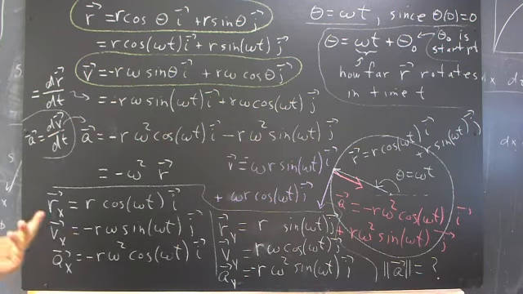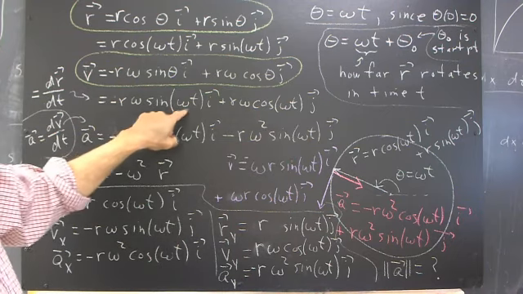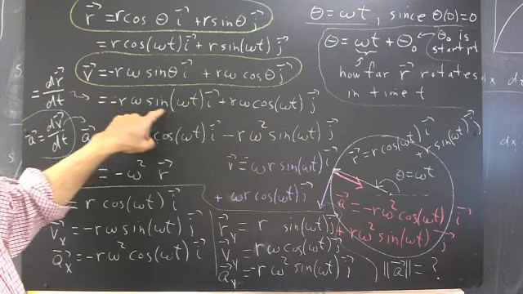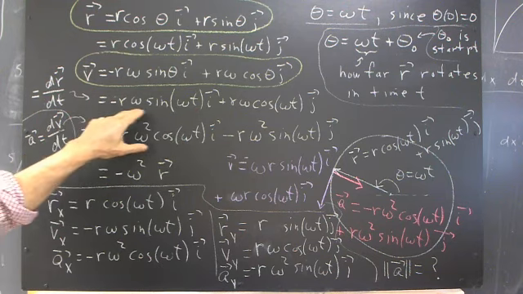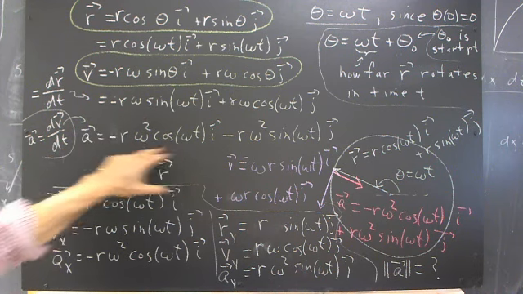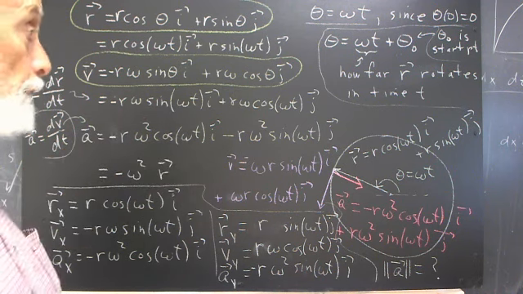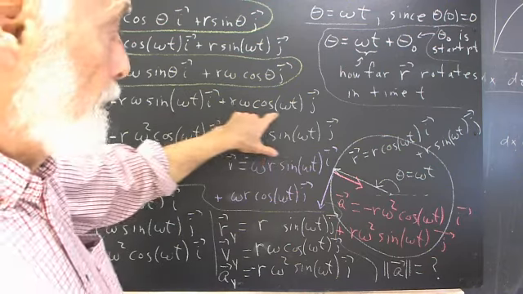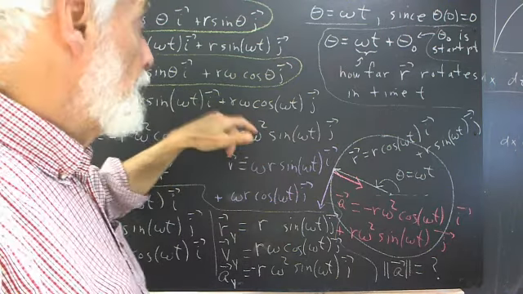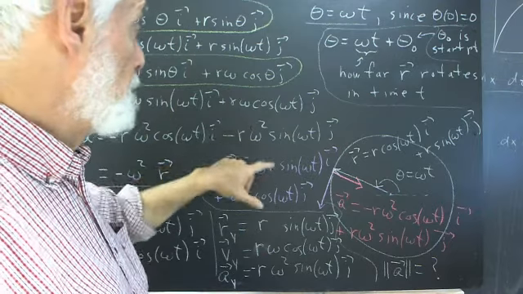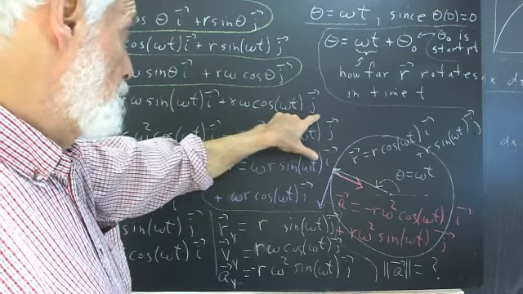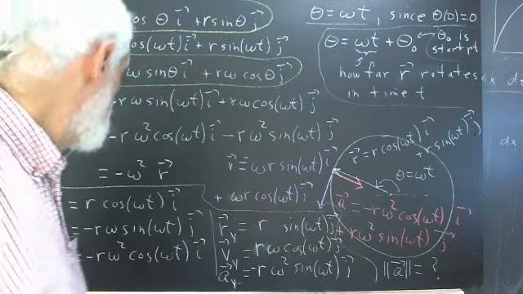Using the chain rule, the derivative of sine of omega t is omega times the cosine of omega t. So we're going to have negative r omega squared cosine omega t, which is what we have here for the i component. And similarly, the derivative of the cosine of omega t is negative omega times the sine of omega t, which gives us this.